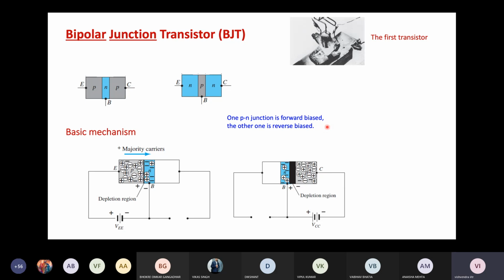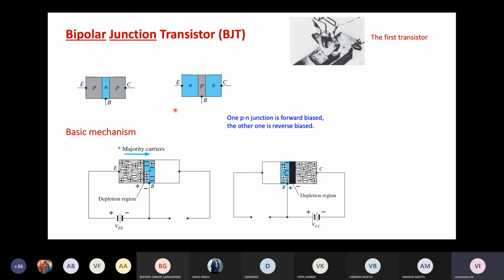The diffusion current is suppressed and the drift current is the only current that is there. Generally the drift current does not increase significantly, but the diffusion current is suppressed very much.